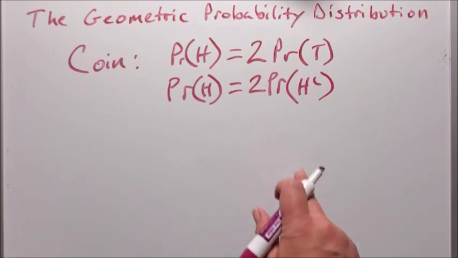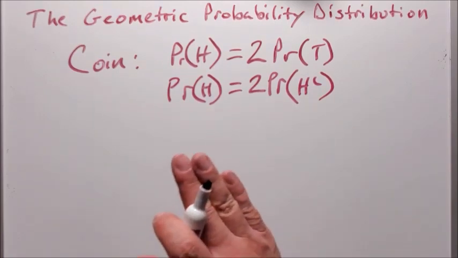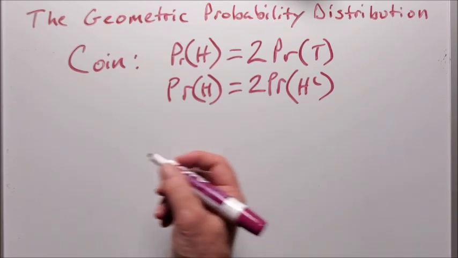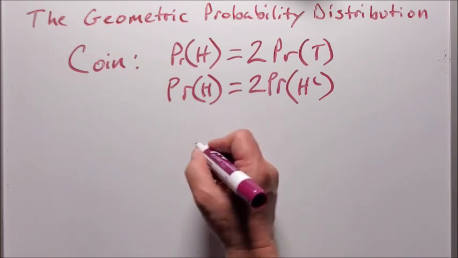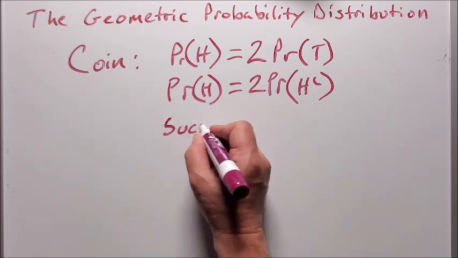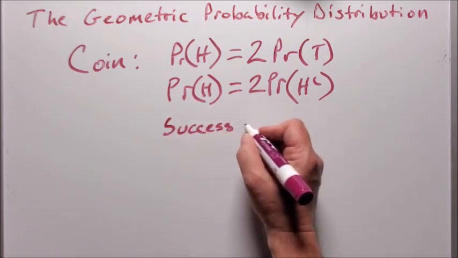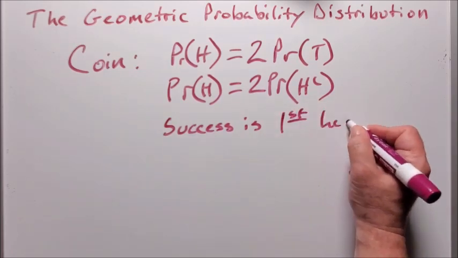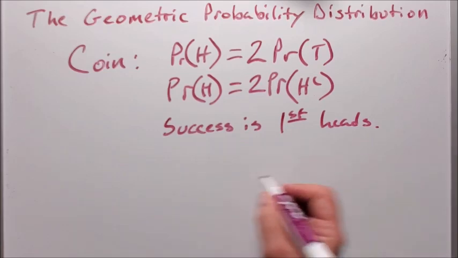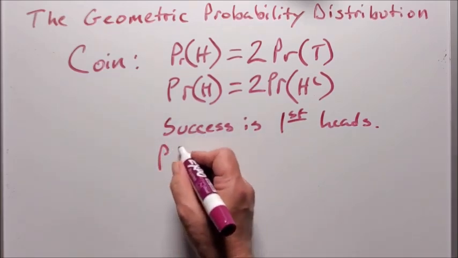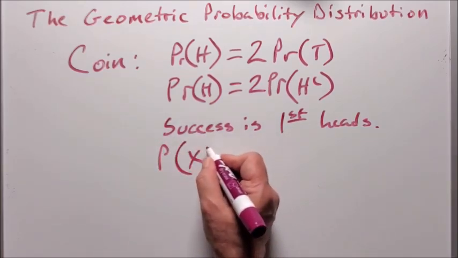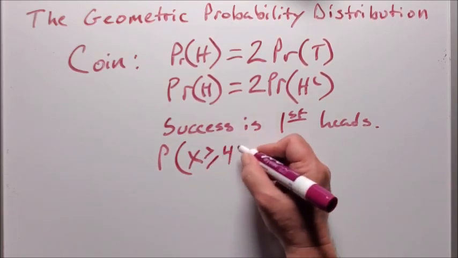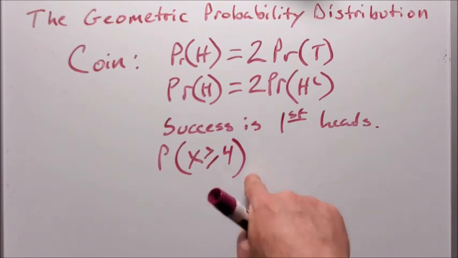So given that that's the case, that's our funny coin, it's definitely not a fair coin, I want to know the probability, given that we'll define success as the first heads. What is the probability that X, the number of trials to achieve the first success, should be equal to or greater than 4? Okay, so try that out.